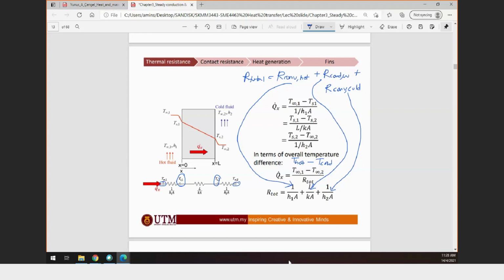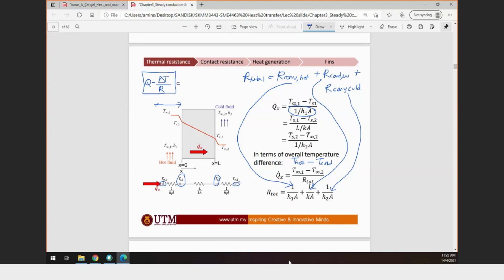For example, if you want to calculate TS1, you need to know the resistance only for the hot side, due to the convection, because if you look at this region, you can calculate Q equals delta T over R. So this is the original equation for thermal resistance in any heat transfer mode.